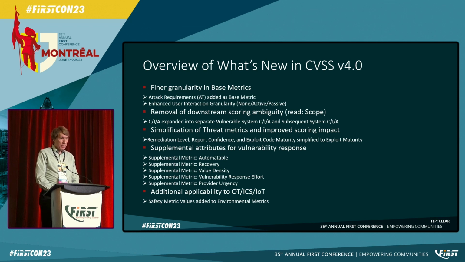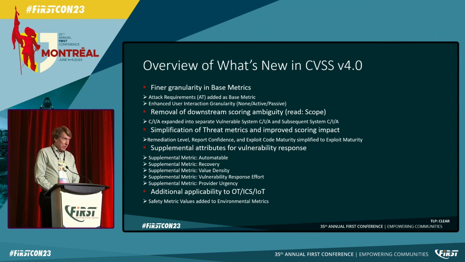There are multiple constituents within the same area that have different opinions on how scope was scored. We also consider that to be a lossy compression of information from provider to consumer. So now we've uncompressed that. Scope is no longer a metric. We now have independent metrics for CIA of the vulnerable system as well as the subsequent system.